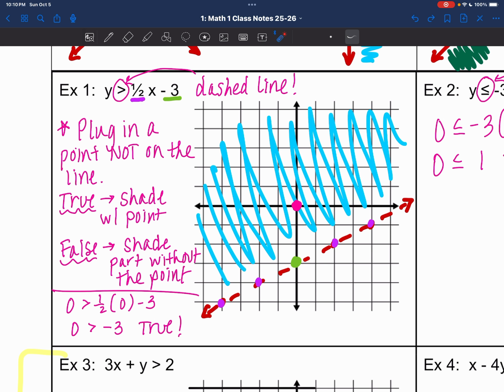But let's say you're not sure which way to go. What I like to do is I plug in a point that's not on your line. And if you get a true statement into your inequality, you shade with the point. If you get a false statement, excuse me, I said equation before, you're going to shade without the point. So what I'm going to do is pick the point 0, 0.